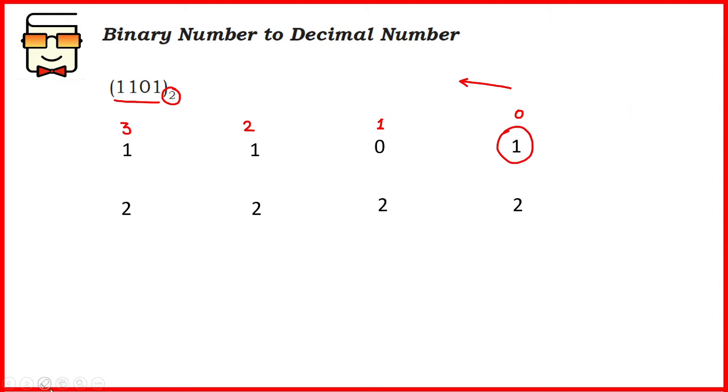Coming back to this question, we have seen that each of these digits has a position, and we have written the base of this number. Now we'll raise the base to the power of the position. The last one was at position 0, so we'll write below it 2 raised to the power 0, then 2 raised to the power 1, because this 0 is occurring at position 1.